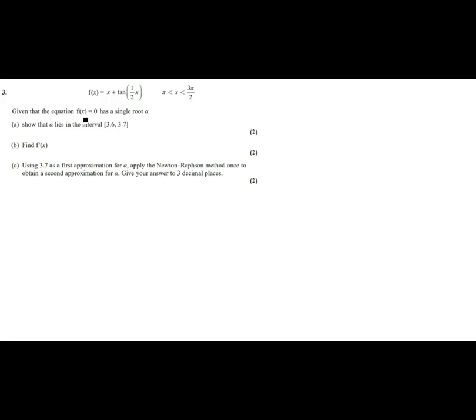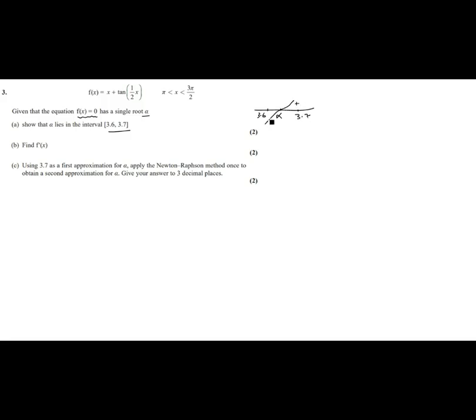Okay, so to do this question, they gave us that this function f of x equals 0 has a root alpha. Now, if this is alpha, that's where f of x is equal to 0. To check whether alpha lies in this interval, you have to check for the sign change.